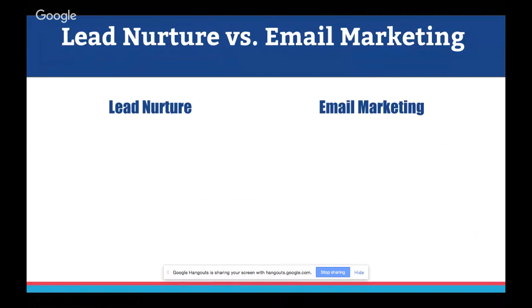So there are two different topics that I just want to hit on real quick. There's lead nurture and there's email marketing. In a lot of ways, people will use them interchangeably, but it is important to know that lead nurture is when you're actually engaging your lead. A lead means that they are actually someone who's interested in getting to know more, interested in buying. You're nurturing them along through the funnel. So this is someone who's an open, they are a lead.